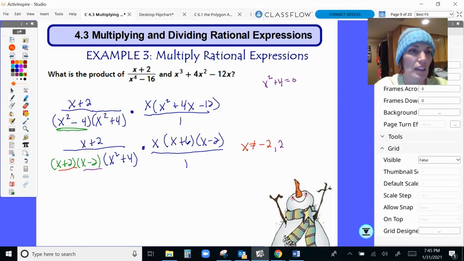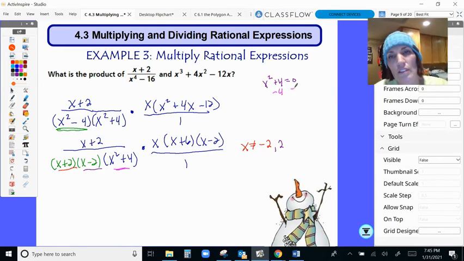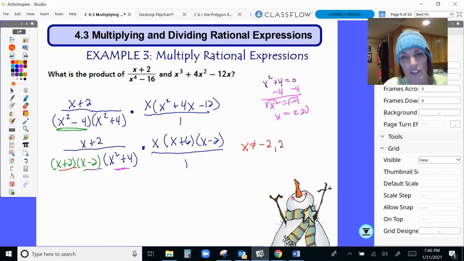Let's make this one pink. I'm going to subtract 4, so x squared equals negative 4. If I square root both sides, this doesn't really matter because it's going to be an imaginary number. So there are no real restrictions on x squared plus 4. There's nothing I can substitute in there that's going to give me a 0 that's a real number. They're all imaginary numbers, so we don't have to worry about that one.